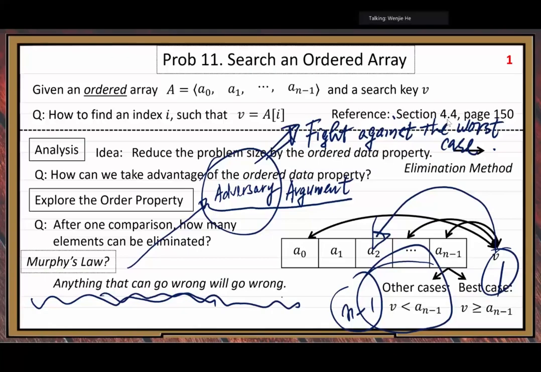So our strategy is, we can apply our freedom to choose. Our resource is our freedom. When we use our freedom resource, we want to reduce the impact of the decision of that adversary.